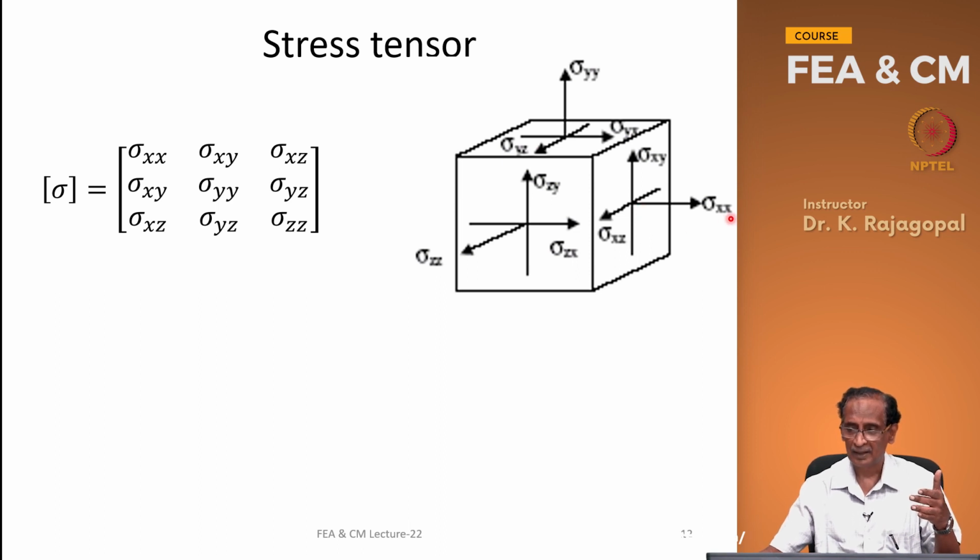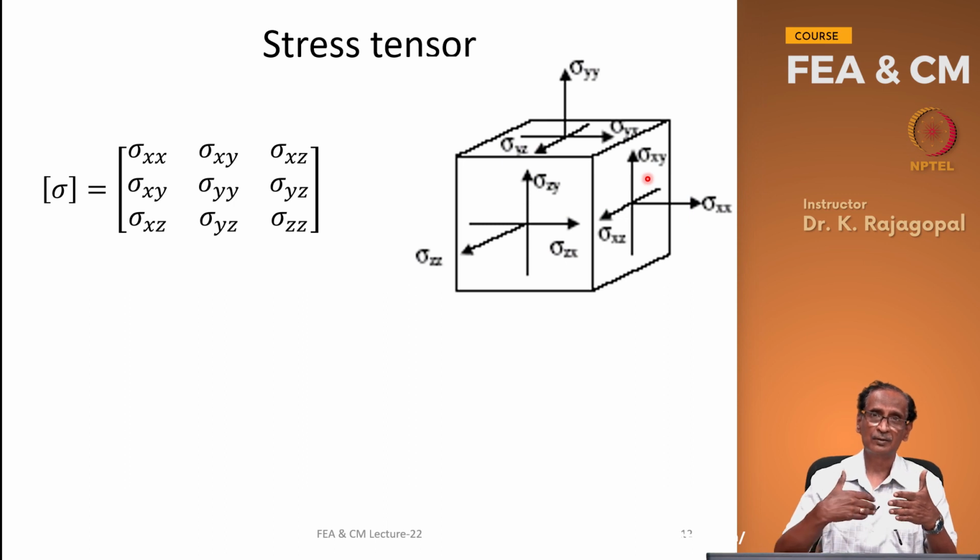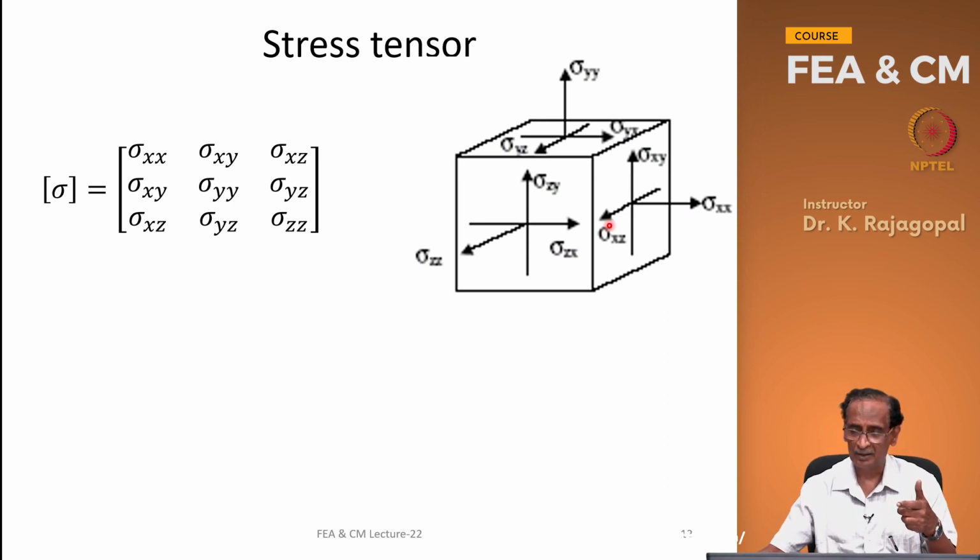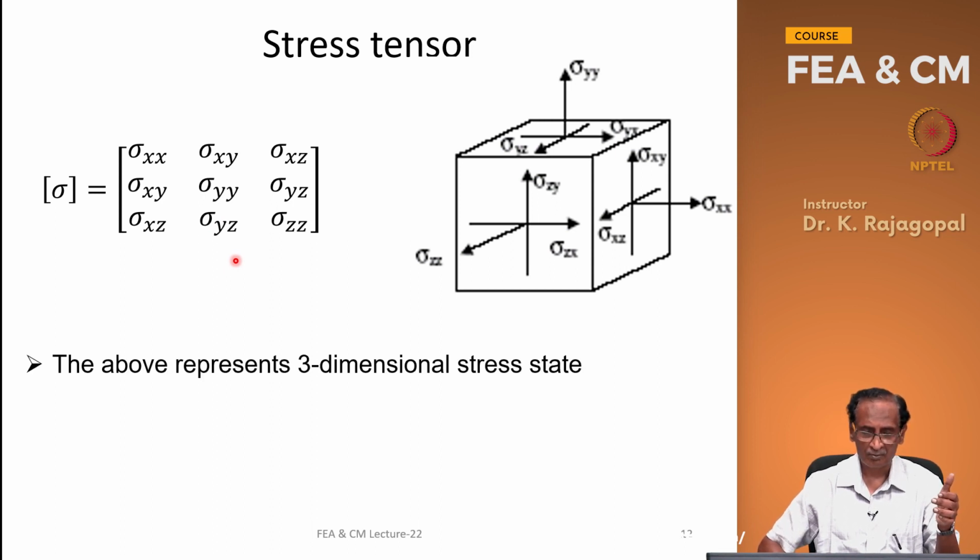So sigma xx means it is acting on a plane normal to the x axis and in the direction of x, and sigma xy is the stress that is acting on a plane normal to x but in the direction of y, and sigma xz similarly. And because of the equilibrium considerations, sigma yx and sigma xy should be the same.